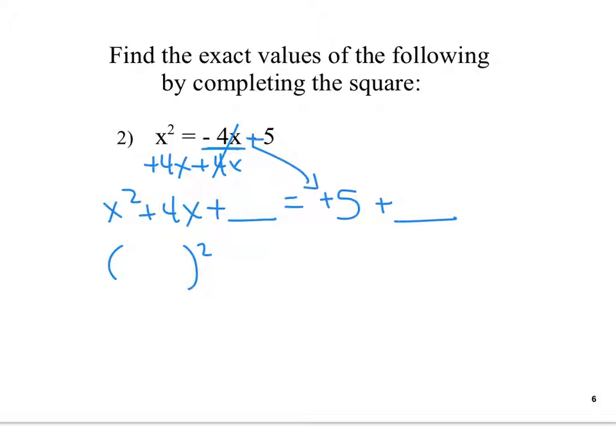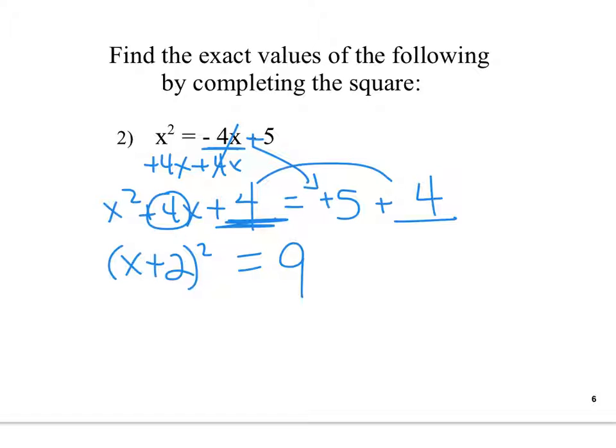So we have to add something to make it a perfect square. Take this number, divide it by 2, x plus 2. Square it, it goes there. And if I added it to this side, I've got to add it to this side also. So then we solve this. So that's it. Divide by 2, square.